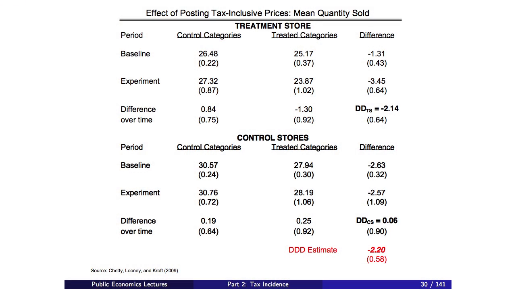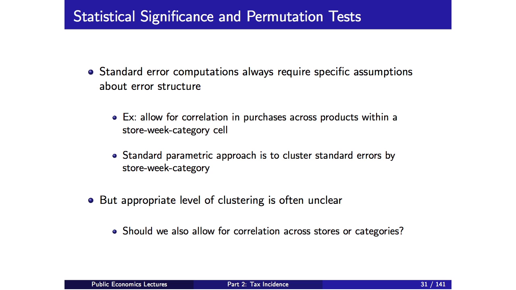I've reported standard errors here which are based on a parametric specification with clustering. I want to make a comment about that because I think it's very important in this type of empirical work. The thing that you need to be aware of, which is familiar from a basic econometrics class, is that any standard error computation always involves some assumption about the error structure of the data.